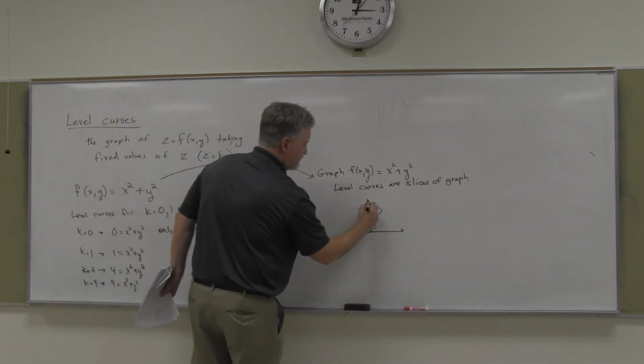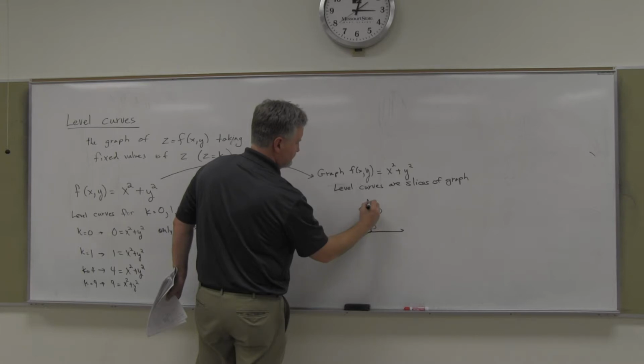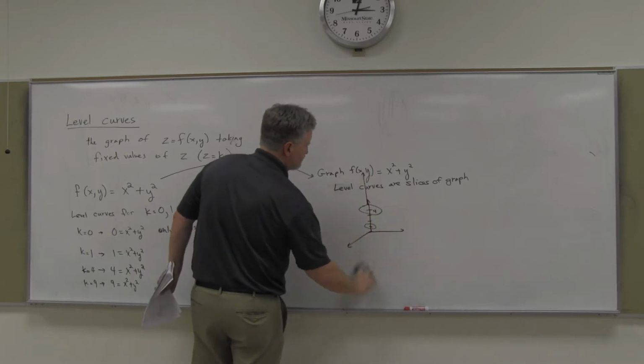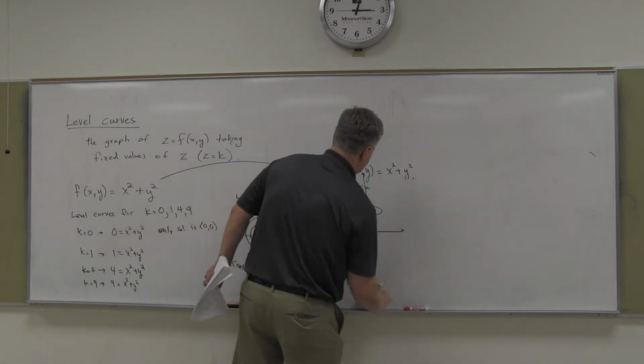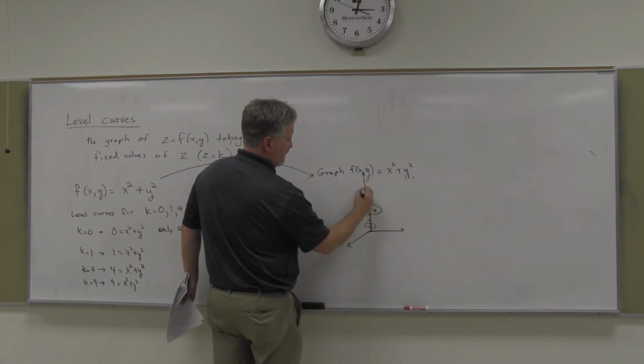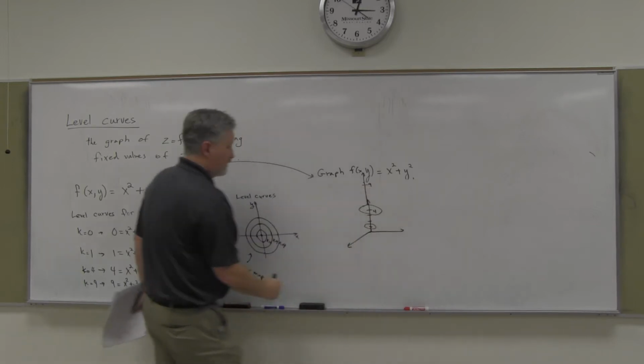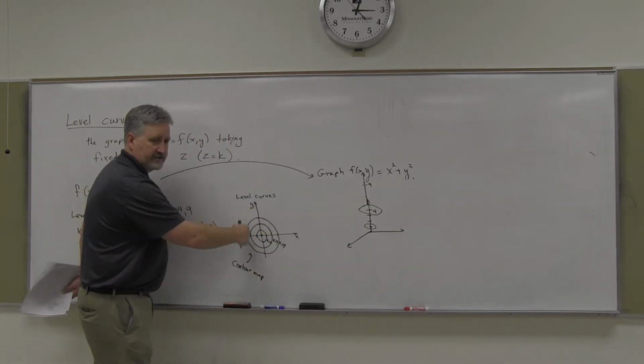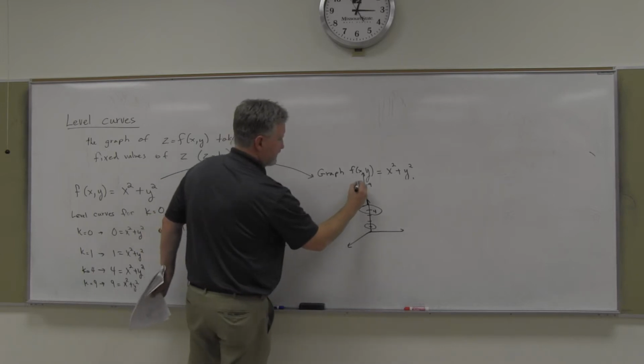Then I'll go up to 9, which we'll say is there. And what I have there, slice-wise, is another circle, but it's radius 3, so it's a little bigger.